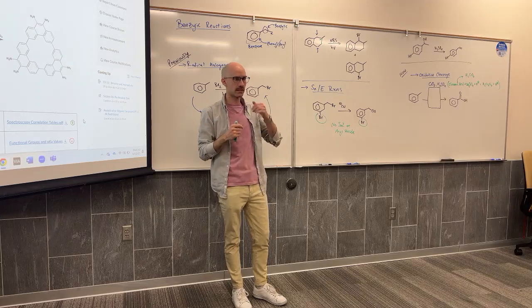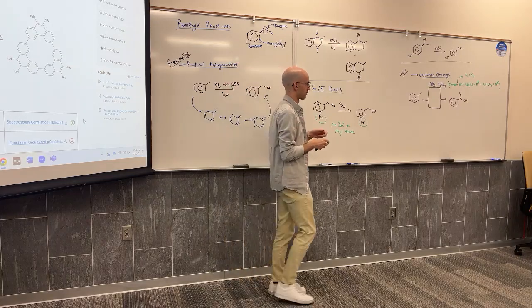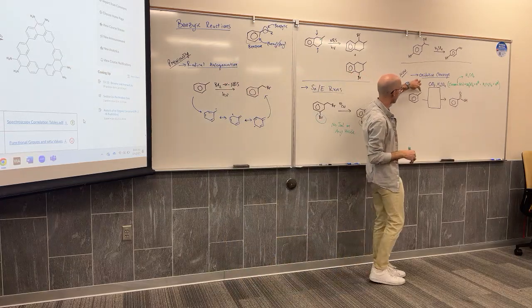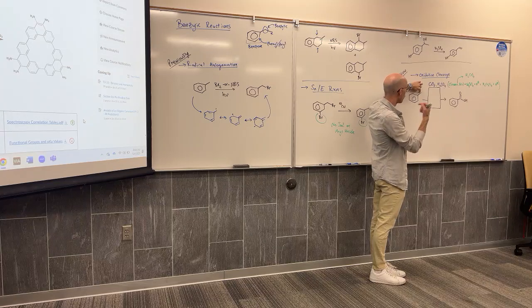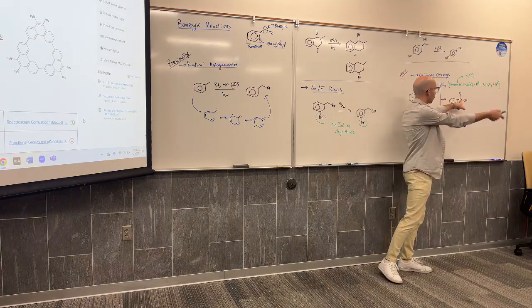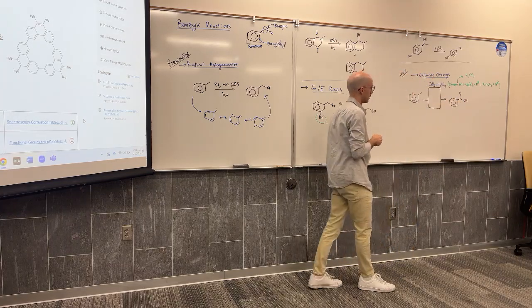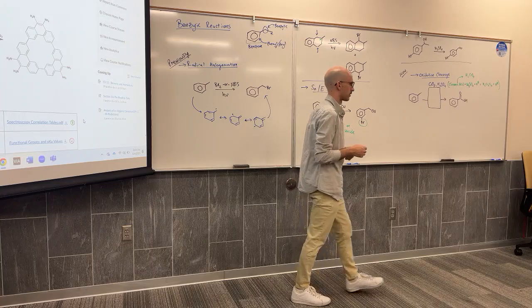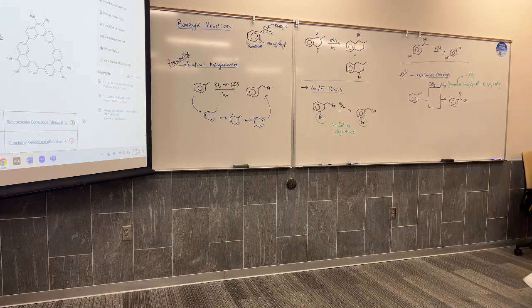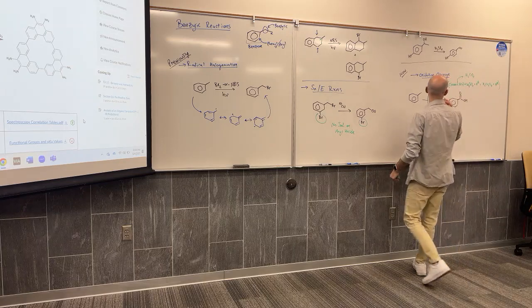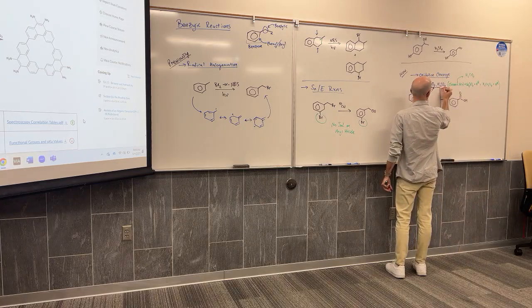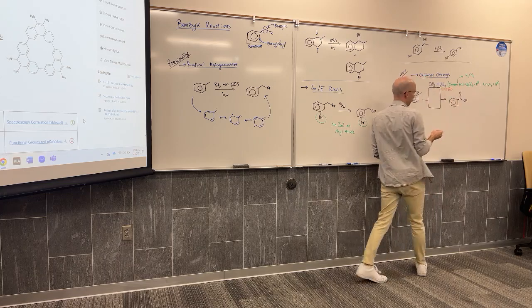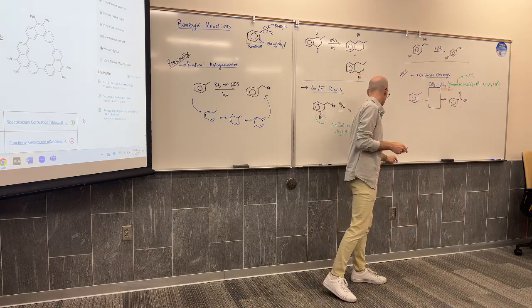Chromic acid is a strong oxidizer, which is why it takes this carbon, removes its hydrogens, and increases bonds to oxygen. Strong oxidizer. Chromic acid is nice in that you can run this reaction in a pretty reasonable amount of time.